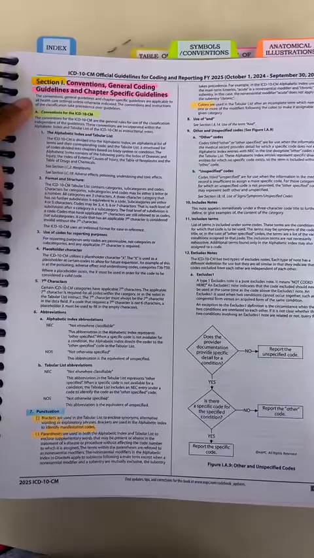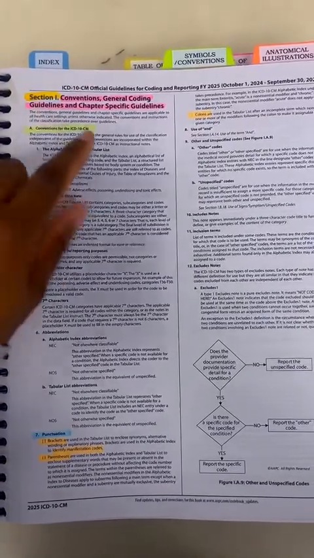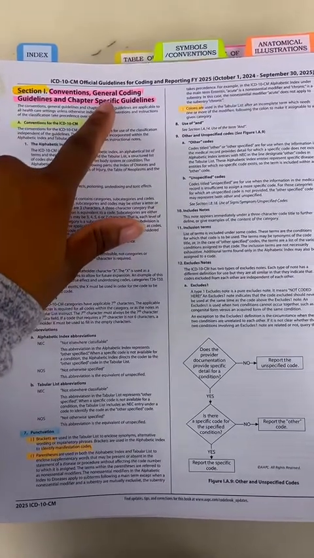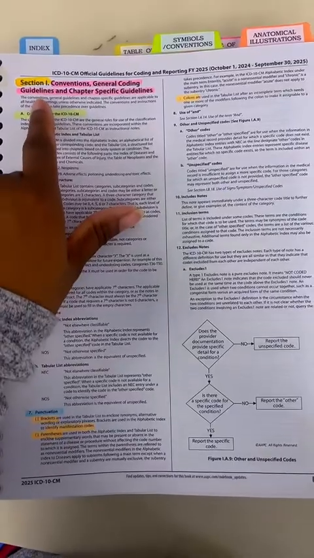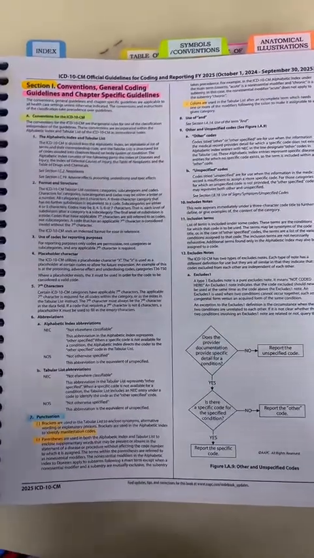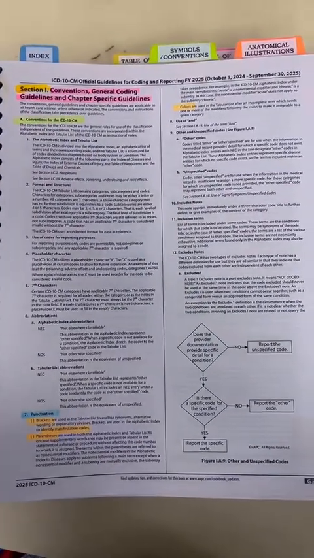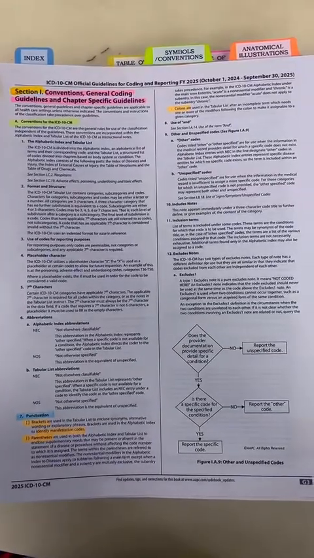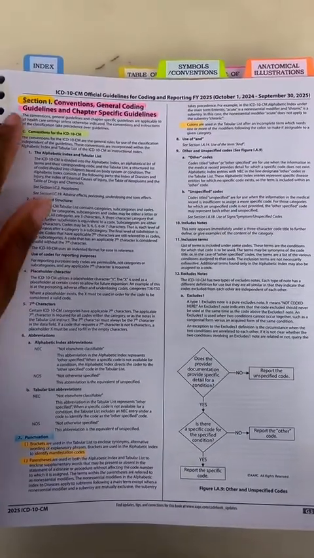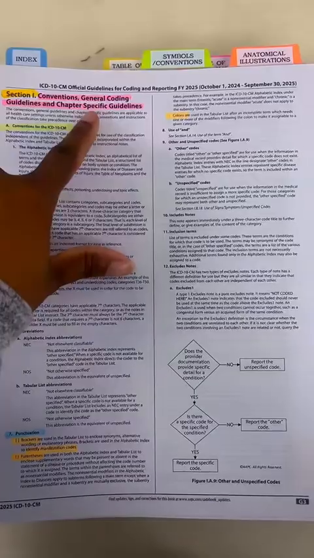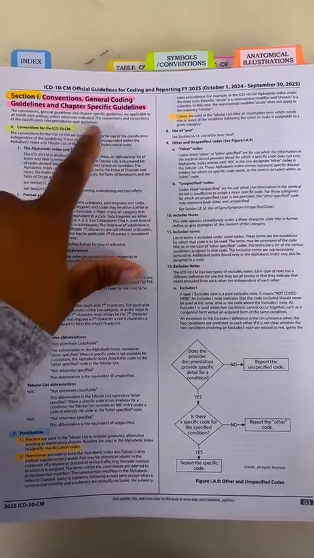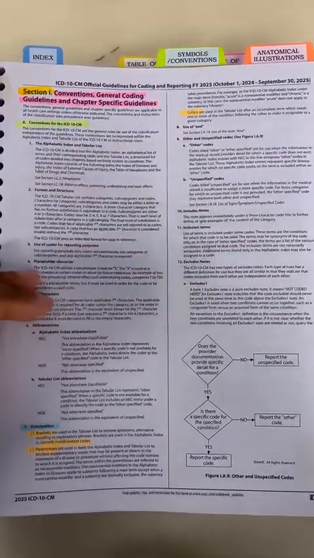Alright, section 1. We all know that they're going to ask about coding guidelines on the test. They're going to ask about that, and I think it's about 7 questions of the coding guidelines. Section 1 right here talks about the conventions, coding guidelines, and the chapter-specific guidelines, okay?